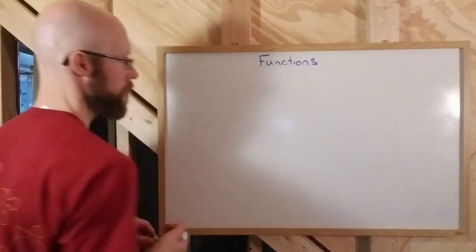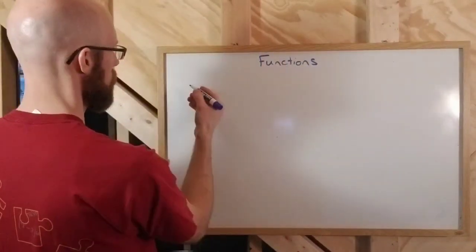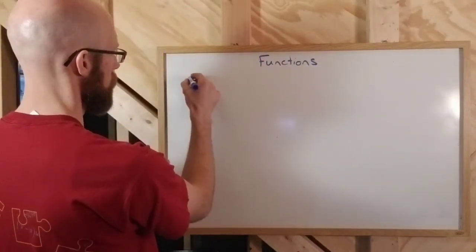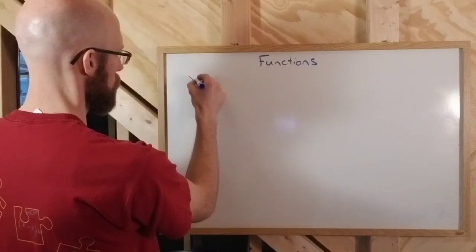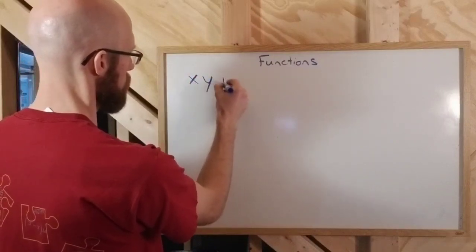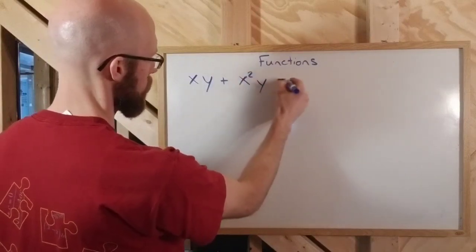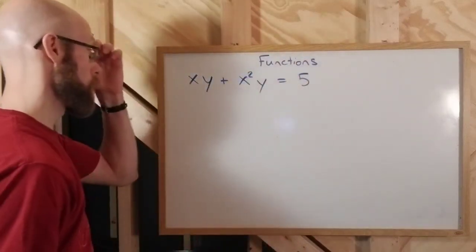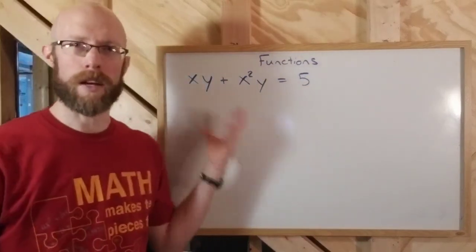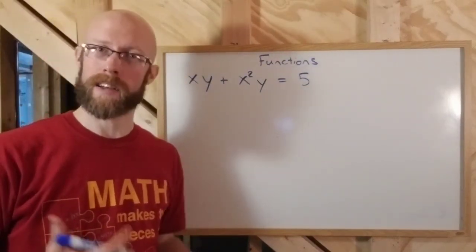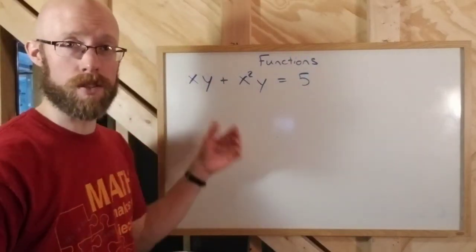You could have a function like, I don't know, maybe xy plus x squared y equals 5. And I say, okay, can I solve that for y? Can I get y by itself? Well, the answer is yes.